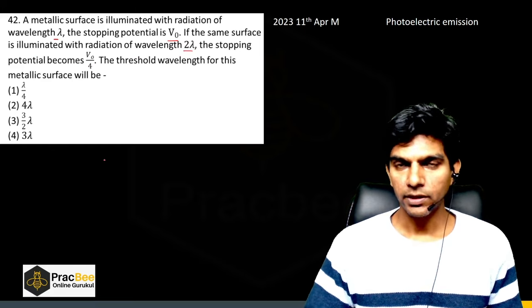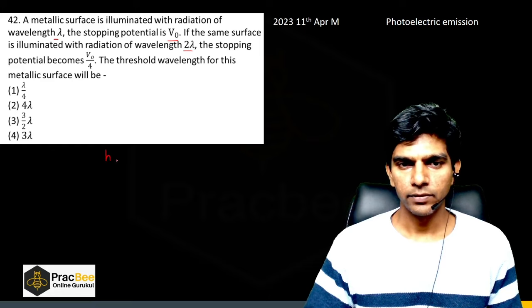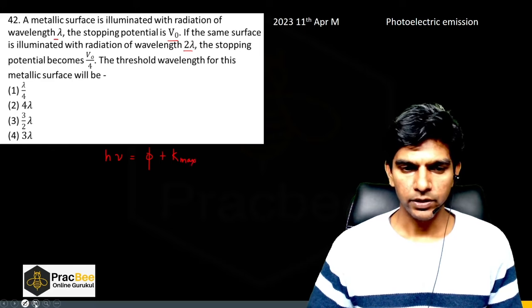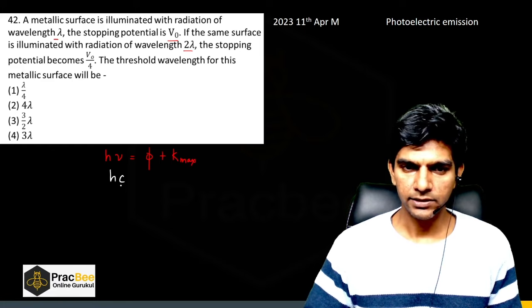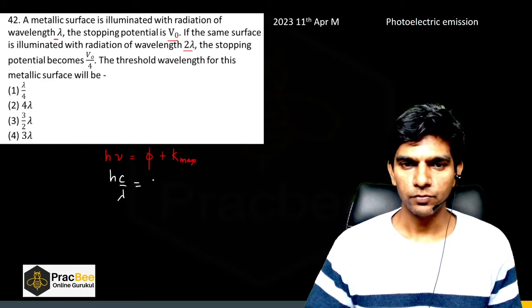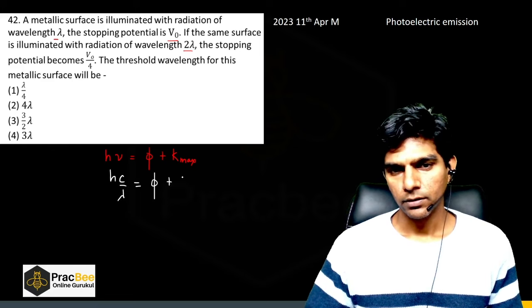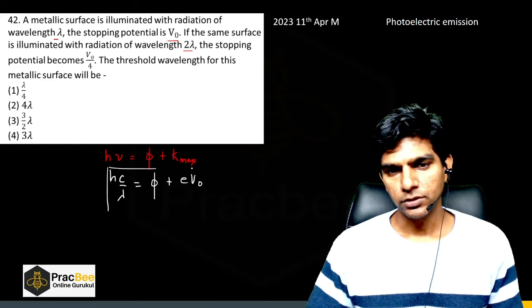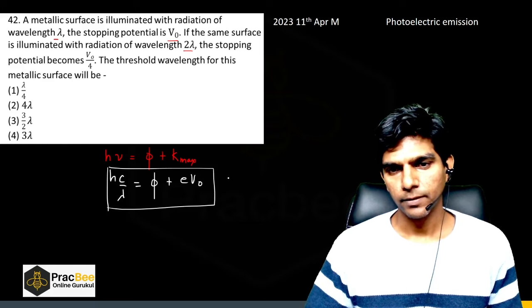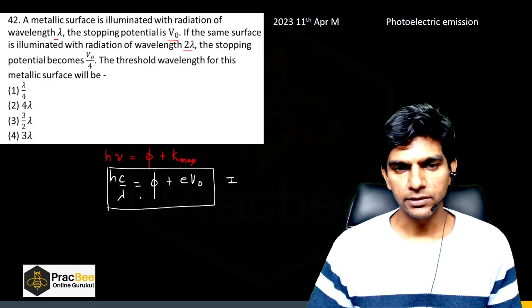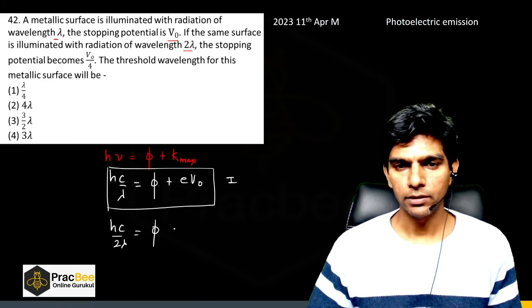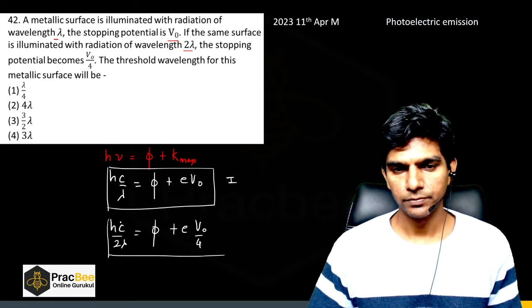Einstein's photoelectric equation states h nu equals phi plus K max, which we can also write as hc by lambda equals work function plus E times V naught. That is the first equation. For the second case, it becomes hc by 2 lambda, the work function will not change for the same metal, and it becomes E times V naught by 4. This is our second equation.